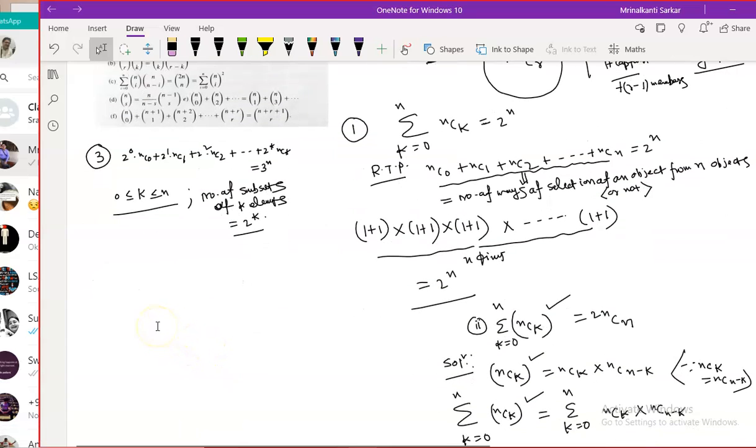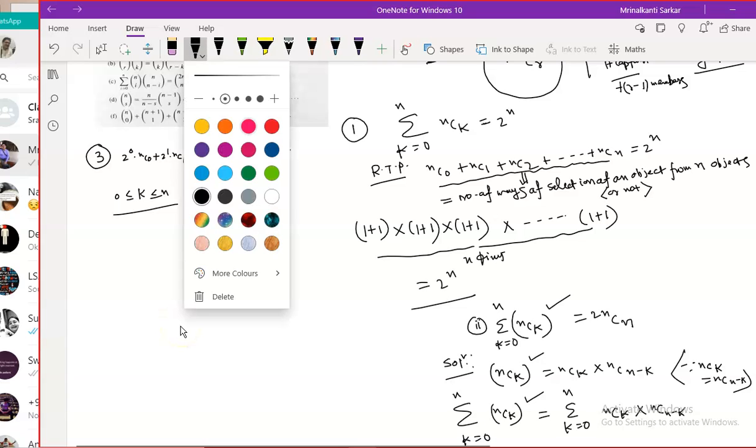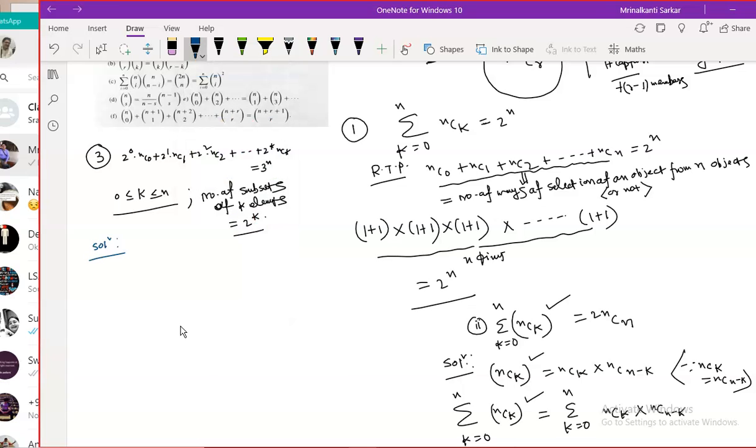Here nCk stands for the number of ways of choosing k elements from a set containing n elements.